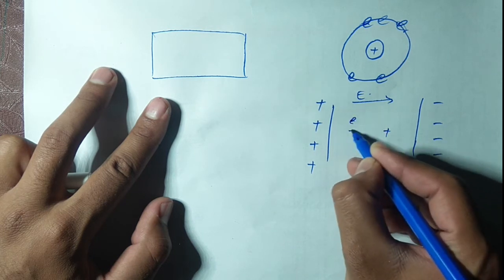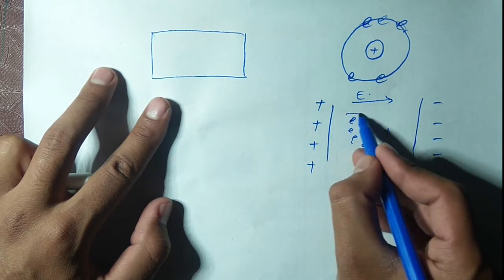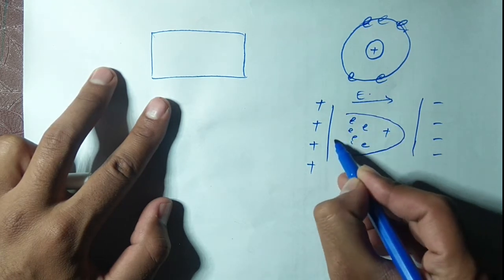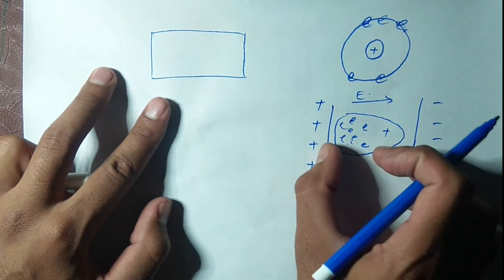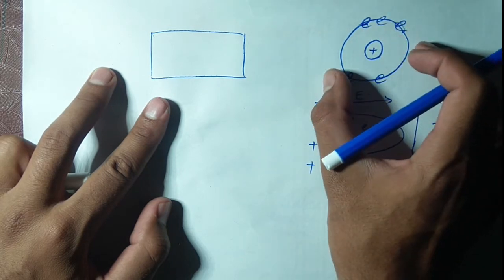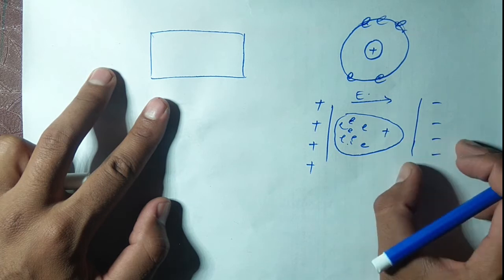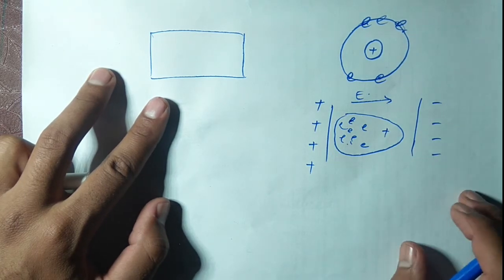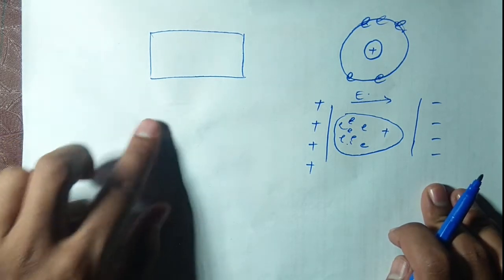Because of this, it makes a slight shape like this. All of the negative charge of this atom moves this way, and the positive charge of the nucleus goes in the direction of the field, toward the negative plate.